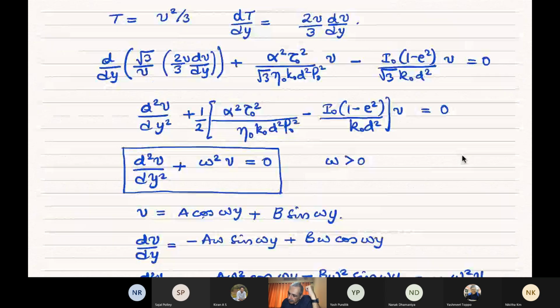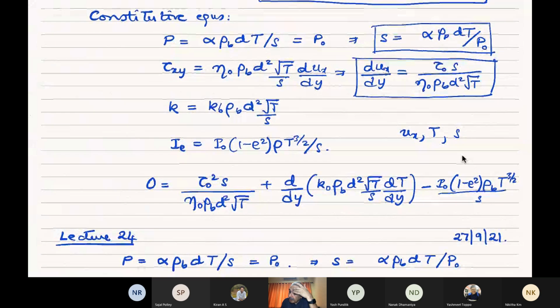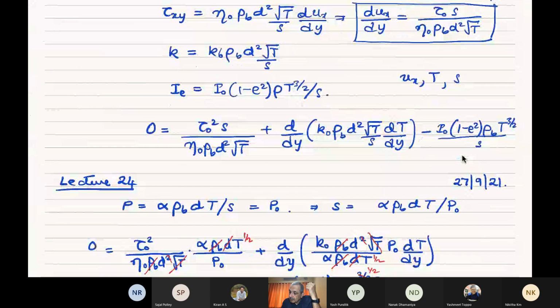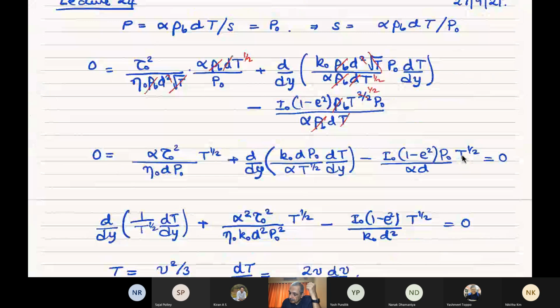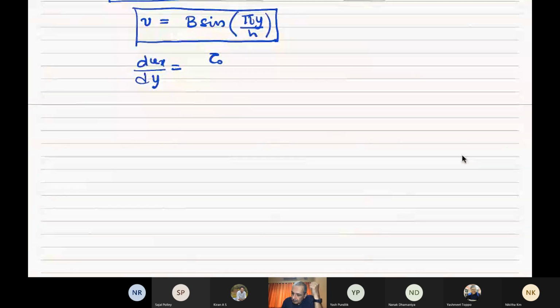let me just look at that formula again. Tau 0 into s divided by eta 0 rho b d squared. So this is nothing but tau 0 by eta, and eta is eta 0 rho b d squared into square root of the temperature.